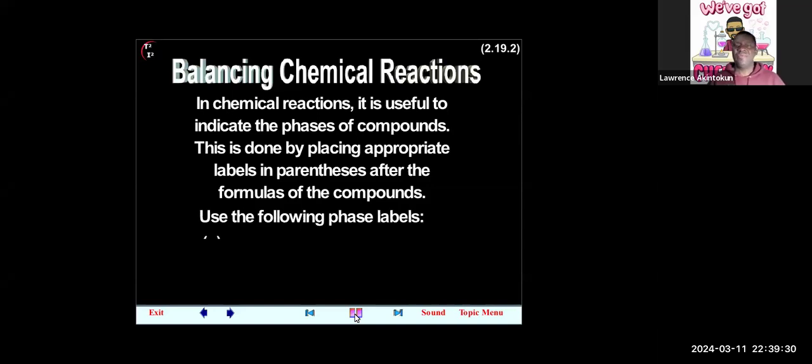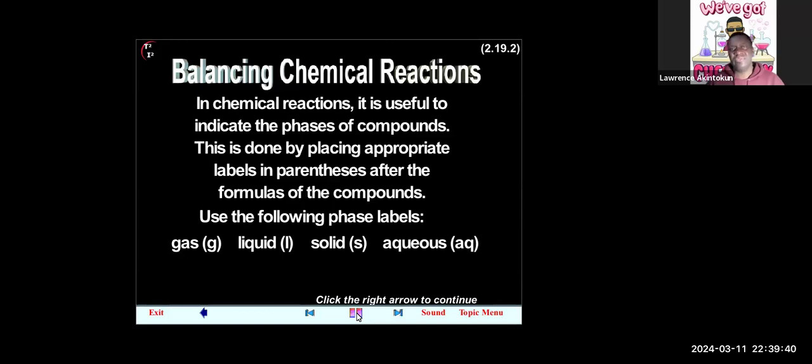Use the following phase labels: G for gas, L for liquid, S for solid, and AQ for aqueous. What is aqueous? Aqueous is when you dissolve any substance in water. Most of the time we consider water to be a universal solvent, which is liquid.